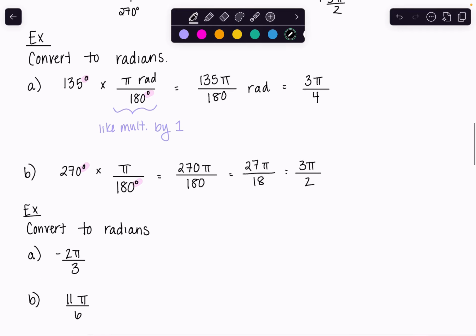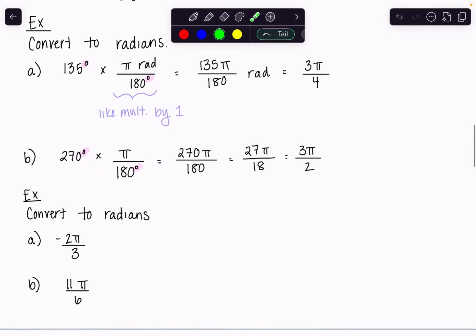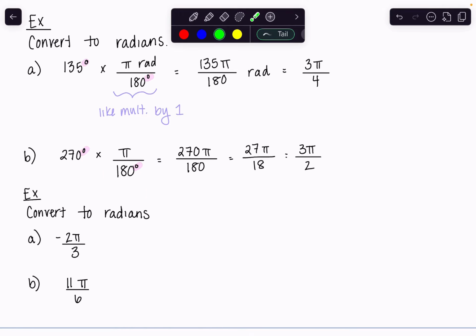If you want to do the opposite, if I want to start with radians and then get it to degrees, really you're just going to flip what you multiply it by. So I'm starting with radians. So to get rid of radians, the pi component has to go in the bottom. And then the degrees in the top. Okay. And at least in this case, when you multiply by pi and divide by pi, those two cancel each other out.